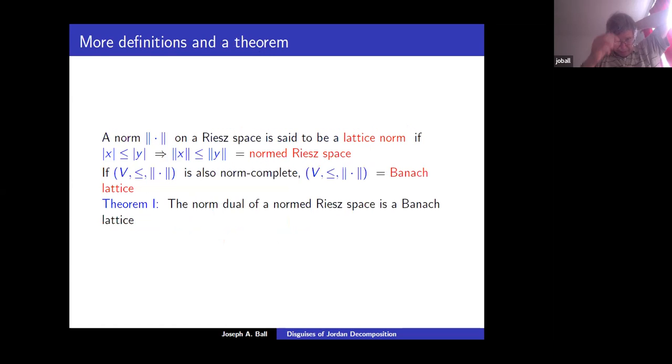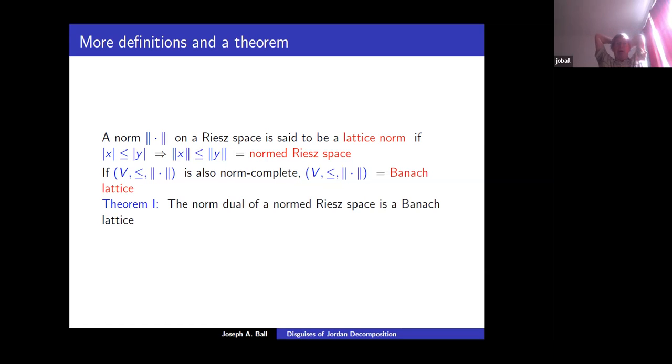Page 8: we suppose we have a norm on the Riesz space. A Riesz space has an absolute value function. Namely, you take the decomposition as the difference of positive elements, x plus and x minus, and you define the absolute value of x to be x plus plus x minus.